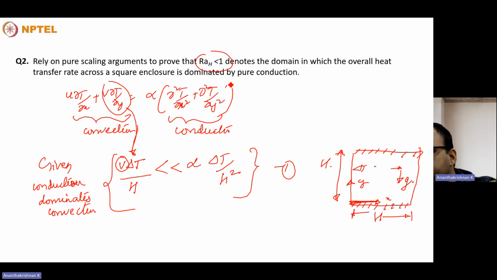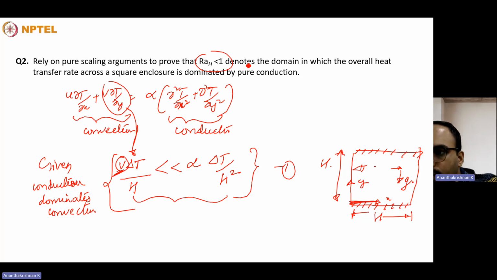That equation has terms related to gravitational force and beta, so basically the buoyancy term, and there is no term corresponding to the velocity. So if we can denote this velocity scale in terms of g beta delta t, we can represent this equation in the form of a Rayleigh number.